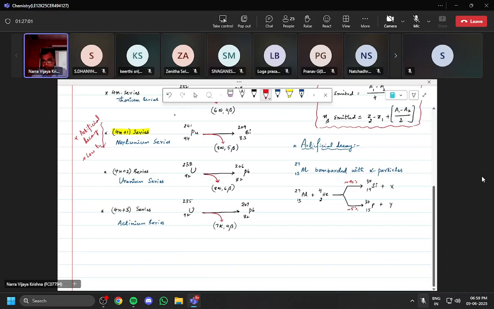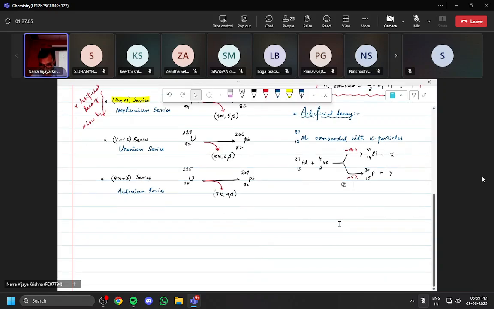Now this phosphorus undergoes disintegration to form silicon-30 plus some other particle Z. Find X, Y, Z. Previous JEE Advanced question.